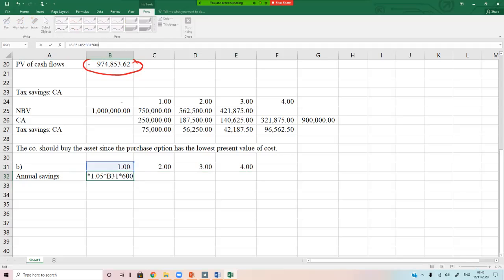Now the formula, I can drag it and adjust for each year. In year 2, the number of units is 75,000, but the others remain the same. Year 3, 95, and this is 80. Look at the savings per year. Clear?